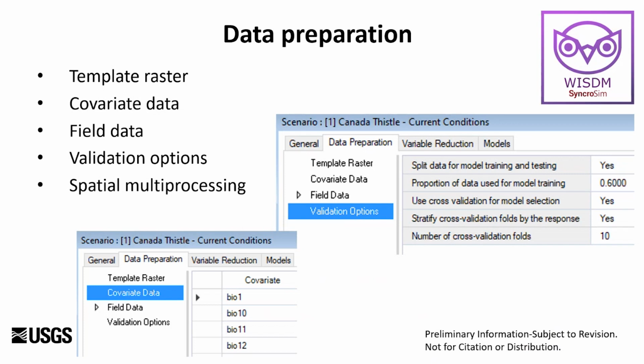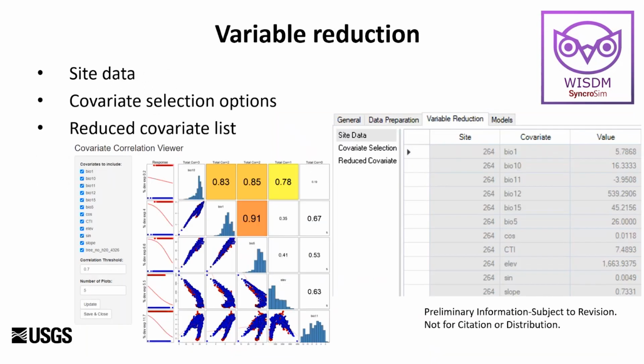You provide covariate data in the form of rasters that cover your study area, field data that's just XY coordinates for where an organism occurs or doesn't occur, and often with species distribution models, you only have occurrence data, you don't have where something's absent. So there's also functions to help generate background data that can be used to help fit these models. There's validation options, including cross-validation and test train splits, and then setting up your spatial multiprocessing.